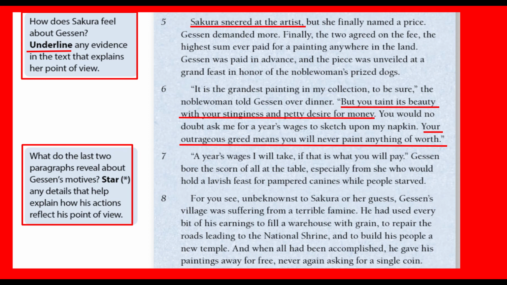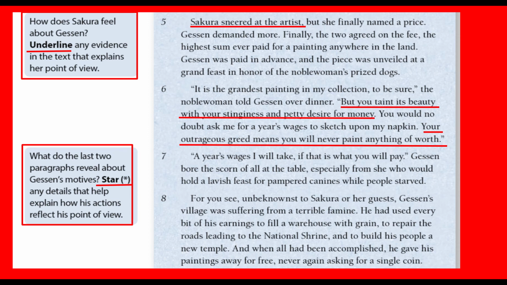So, what I want you to do is reread The Stingy Artist for a third time. I know, guys. Reading it this third time, though, is really going to help you get it. So, I want you to do it. And as you are reading, when you get to paragraph 7 and 8, I want you to look for details that help explain how Jeshin's actions reflect his point of view, right?